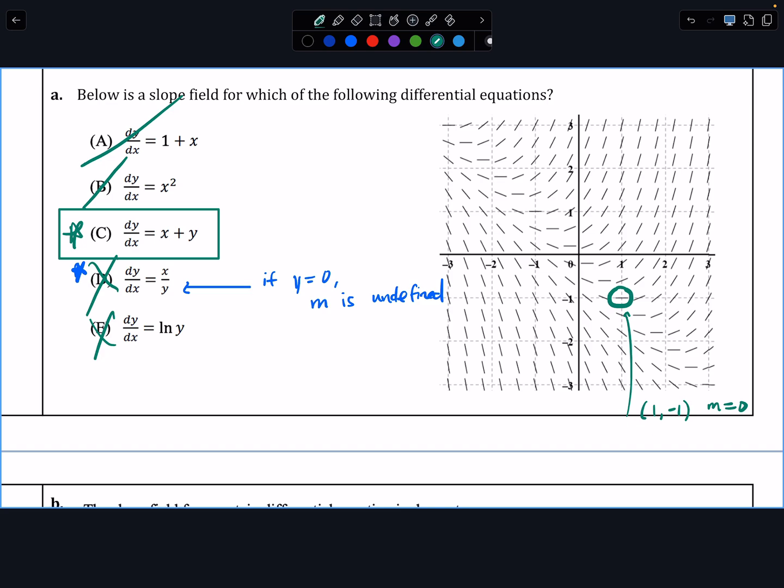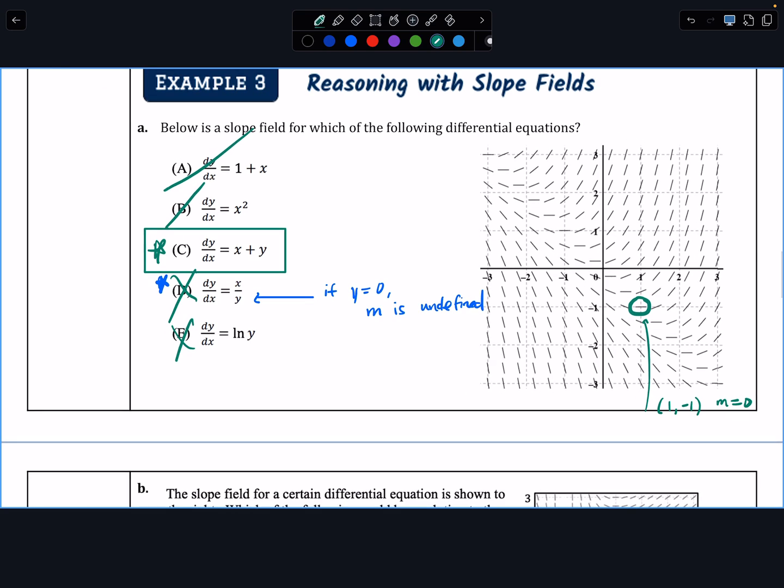All of us pretty much ran out of time because the guy was like, oh, that's it. Sorry, we're going to move on now. I'm like, no, I want to figure it out. But does that make sense? Because I could pick this point, but is that slope 2/3? I have no idea what this is, but does that make sense that that slope for sure is 0? That's why I picked that point.